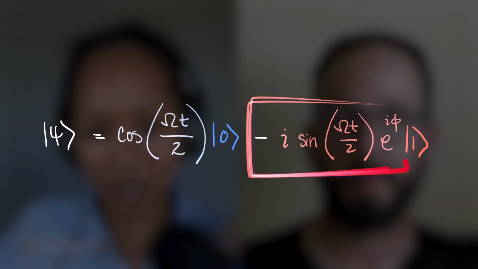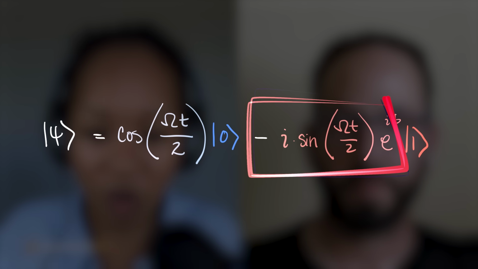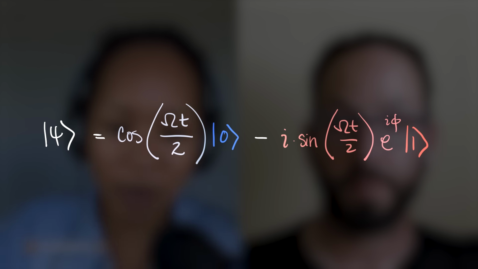And here's the upshot of all of this. This is just what we said before. The probability of measuring your ion in the excited state is the square of the red number. It's the square of this B, which is this whole shebang, like i sine blah, blah, e to the blah, blah. But the point is, you can plug in numbers for those letters, and you can get a number that you can plug into your calculator.